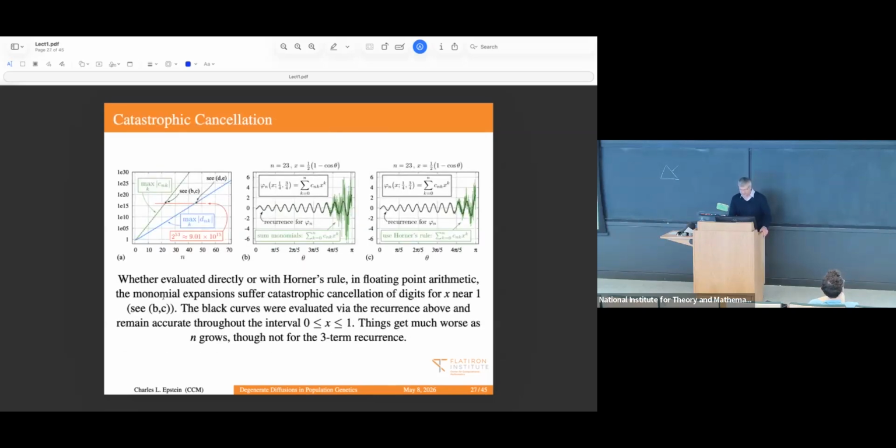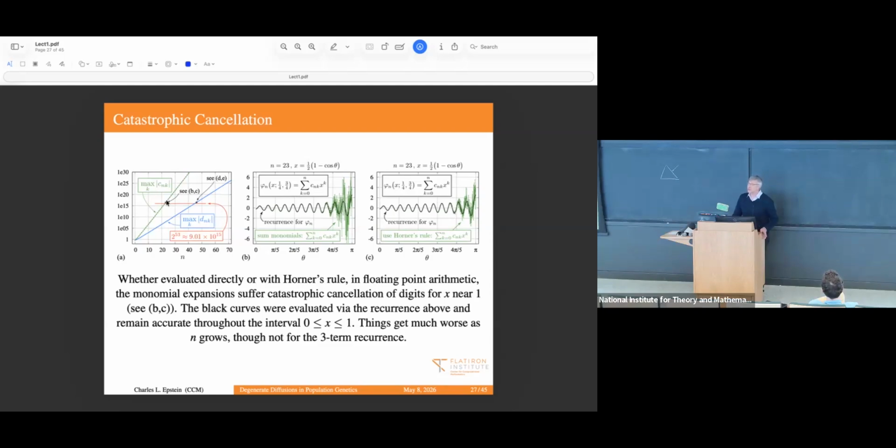And the problem is just simply this. So these are the coefficients of the polynomials in terms of the monomial basis, the c_{n,k} here. And you see that by the time n is 30, you get coefficients that are around 10 to the 16th. And what happens is these coefficients are gigantic, and they alternate in sign.